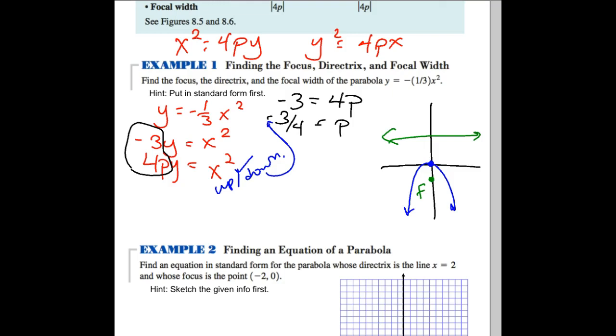And we said that p was the directed distance from the vertex to the focus. So that tells me that I am going negative 3/4 of a unit from my vertex. So what are the coordinates of this point here if I had to go down 3/4 of a unit to get there? So when they ask you for your focus, you would say 0, negative 3/4.